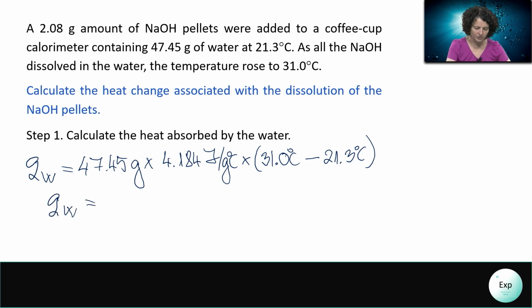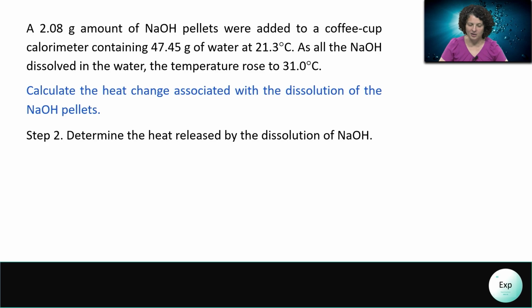We perform the calculation and find that the heat of the water is 1,926 joules. And with that, we're ready to move on to step 2.